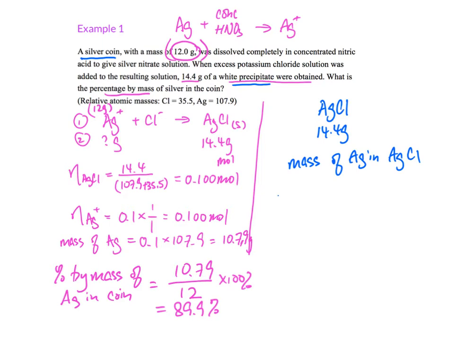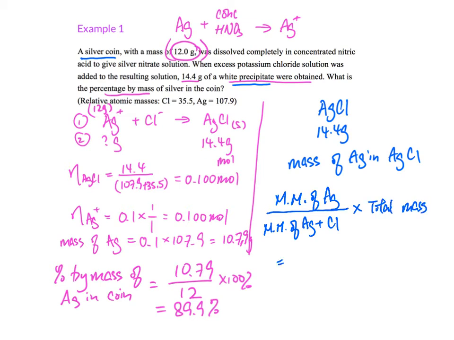So we can have the molar mass of silver over molar mass of silver plus chloride, times the total mass. So what we have is 107.9 over 107.9 plus 35.5, times 14.4 gram. By doing this, we can also find that the mass will equal 10.79 gram.